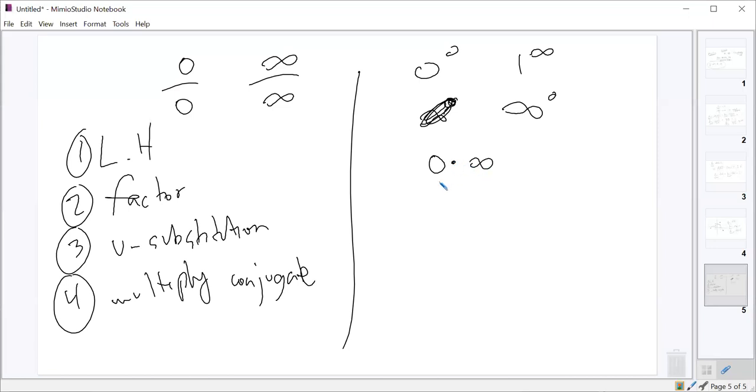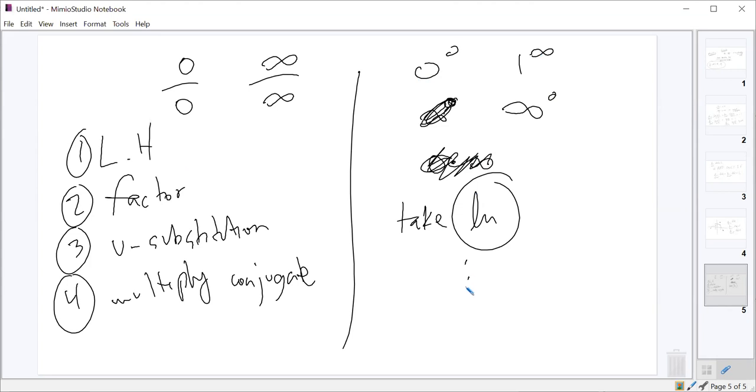Actually, we'll wait on 0 times infinity. We'll stick with these ones. For all of these ones, and this is in that sheet that I gave you guys, remember that in order to evaluate these limits, you need to take the natural log. When you take the natural log of it, it turns it into a form that makes it much easier for us to use L'Hopital's rule.